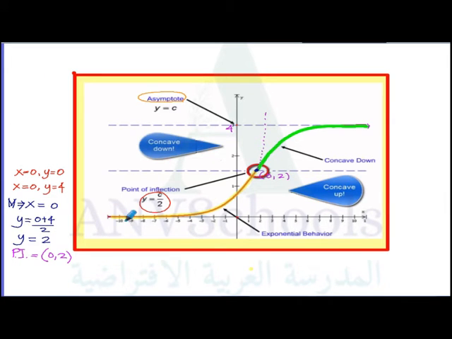And for very large positive values of x, it levels off to a certain y value, which in this case is 1.